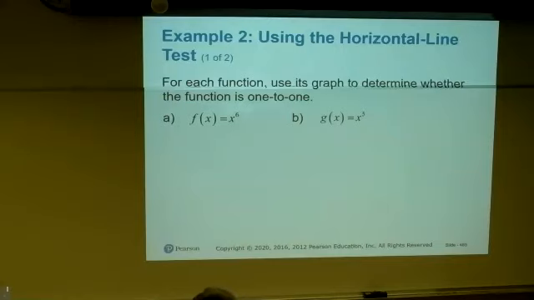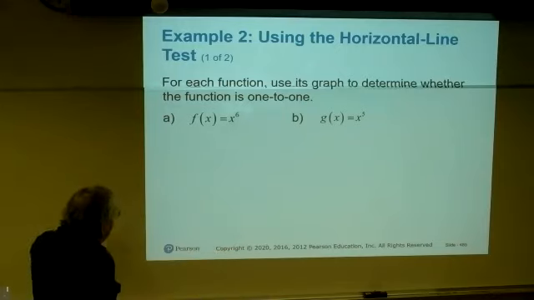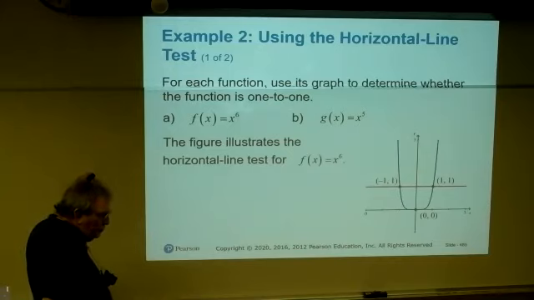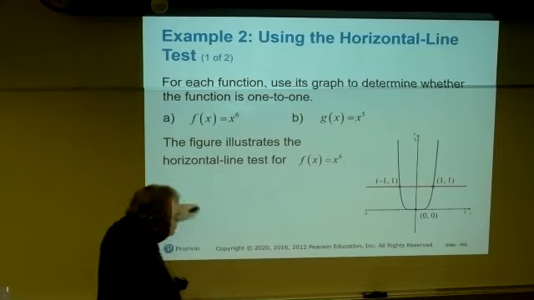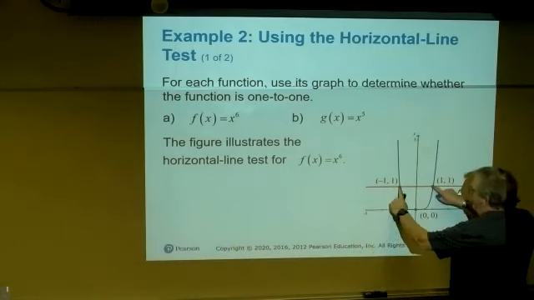So in this case, we look at the two different graphs. For f, the graph is of x to the sixth power, which is a type of parabola. Whenever you have parabolas or parabola-like functions or graphs, they're not one-to-one, because we have two different x values that give the same y value.